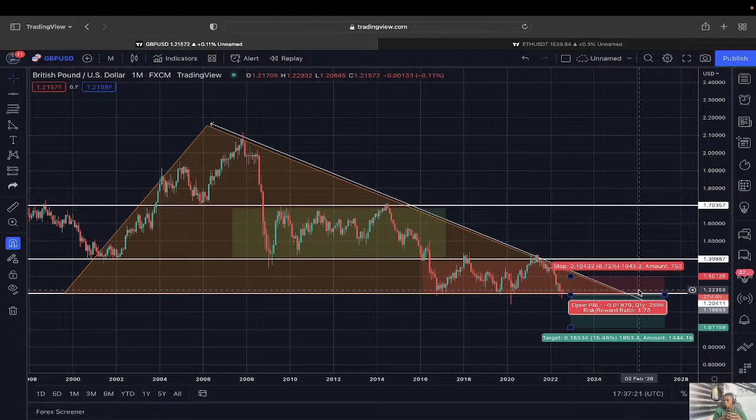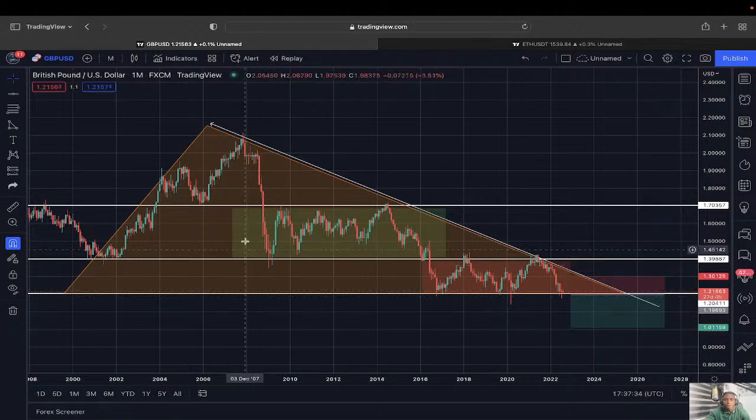That is if you are a swing trader. You might look out for short opportunities here, a sell opportunity. All right, so let's go down to the weekly time frame. We'll touch down weekly, daily, 4 hours, 1 hour.